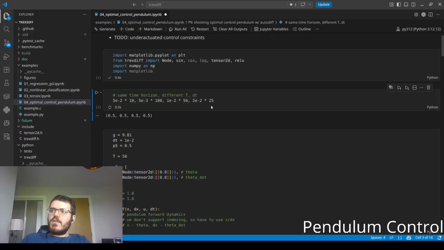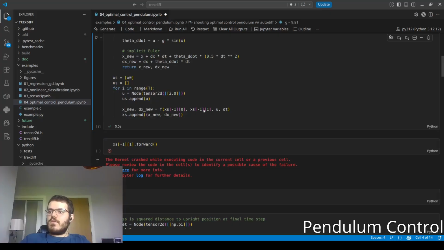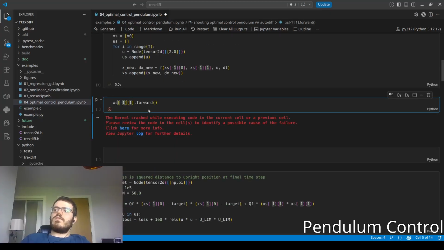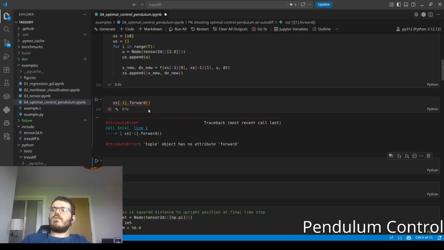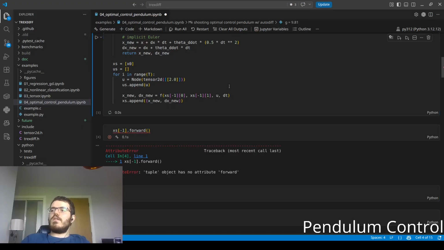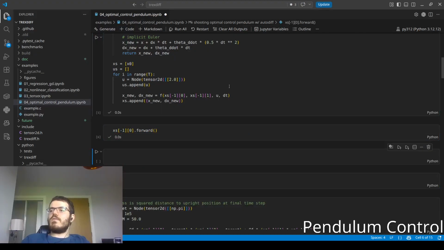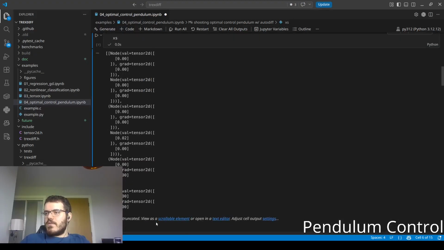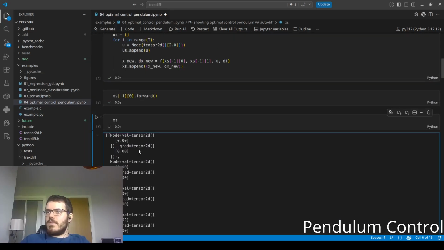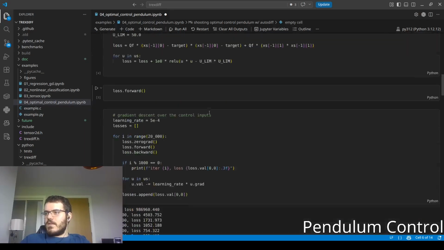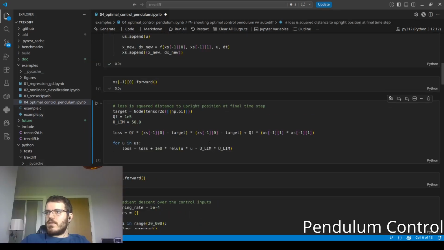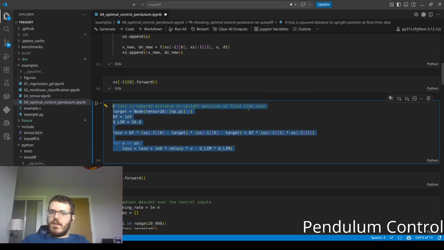Nice. Okay, so we've got our x's, and we're going to go forward on this. Then our axes are going to start moving up a little bit. The point is that we can then make our own control problem by defining where we want to be at the end.